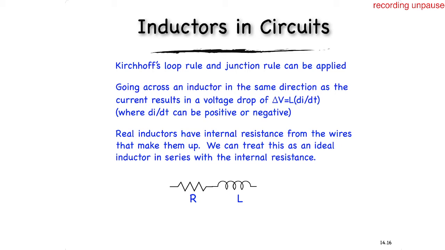And so it's really important to understand how an inductor behaves when it's in series with a resistor, because every real inductor you work with is going to behave like an ideal inductor in series with a resistor. A circuit with a resistor and inductor in series is called an RL circuit.